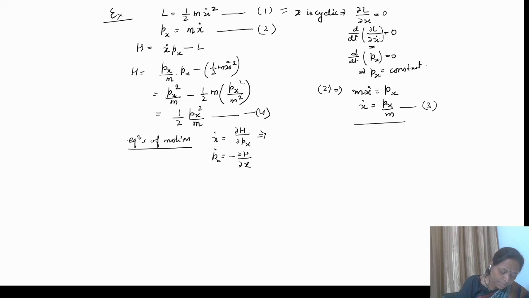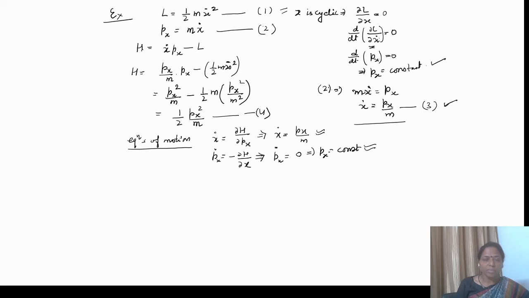So this implies x dot is equal to px over m, which I have already derived from the Lagrangian, and this implies that px dot is equal to minus delta H by delta x. H has no x, so it is 0, or px is constant. So you are getting the same results which you got from the Lagrangian. These are the equations of motion in Hamiltonian mechanics for the old coordinate system.